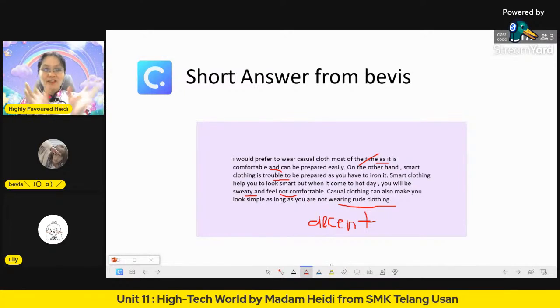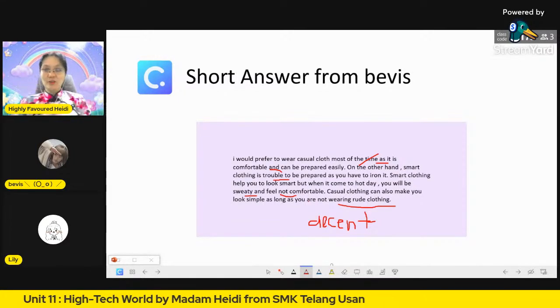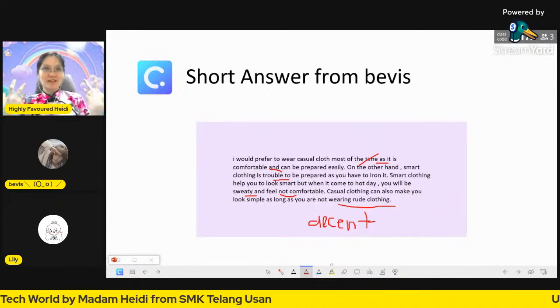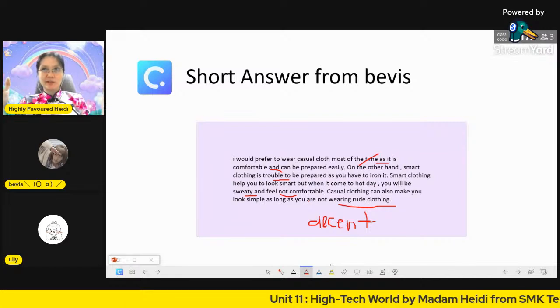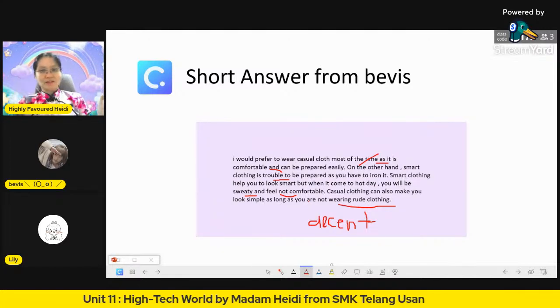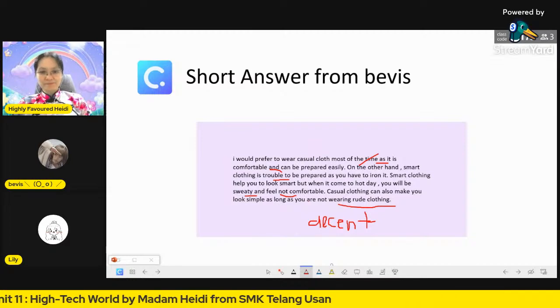This is called decent clothes. Decent clothing means generally acceptable. It's not causing people to look at you a few times, kind of thing. Decent clothes, decent clothing.